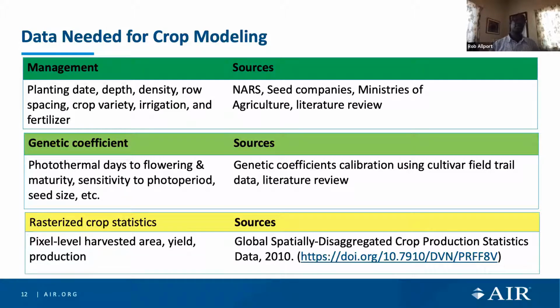Then we have something else we call genetic coefficients. Genetic coefficients are how a variety is calibrated according to its genes and its environment. That is produced from field trial data, and a few people who have published data about some of the crops have generated genetic coefficients.